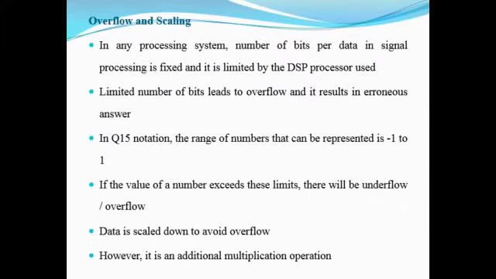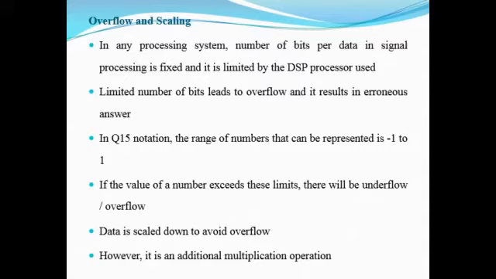Done. Overflow and scaling: we have already discussed overflow. That depends on the highest value we are going to get after any process in the DSP. So we load the maximum or highest possible value, based on which we identify whether the result obtained has an overflow error or not. Then based on that we scale it.